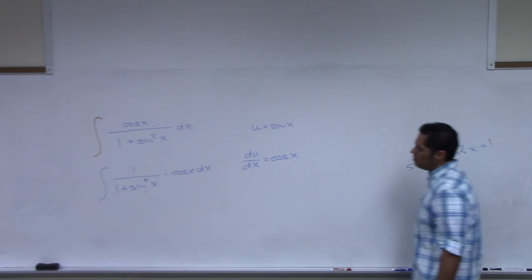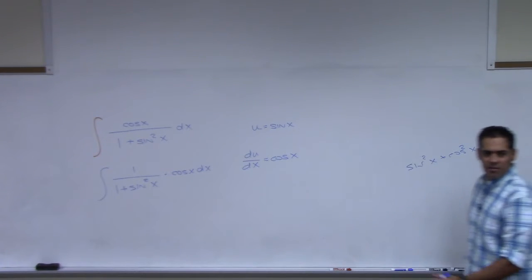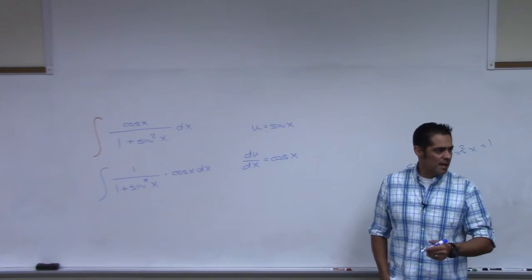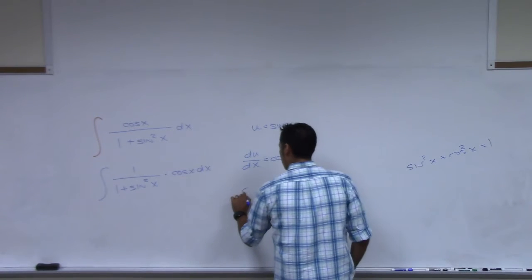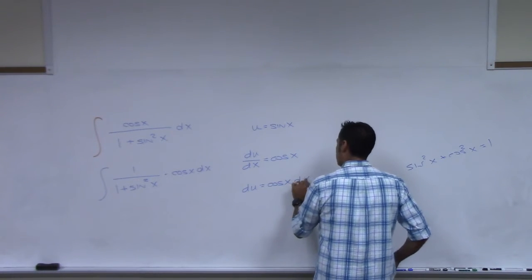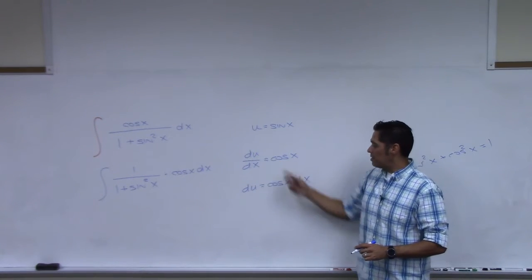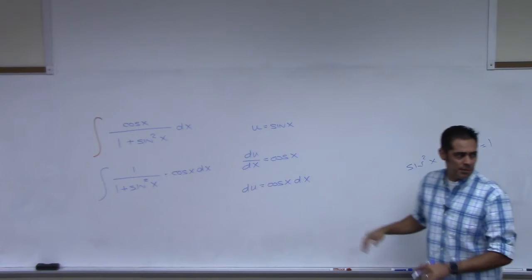Now, what did I do last time after I did my substitution, du dx? I moved the dx to the other side. I'm going to do that every single time. That dx is going to move over. In fact, it's going to happen so often that I'm actually not going to be writing this anymore. I'm just going to go straight to this. But for these first few examples, I'll do this.